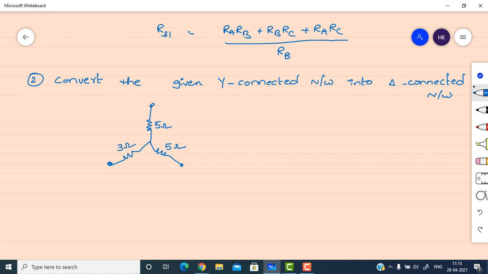So this is the given star connected network. Convert it into delta. First draw the given network.